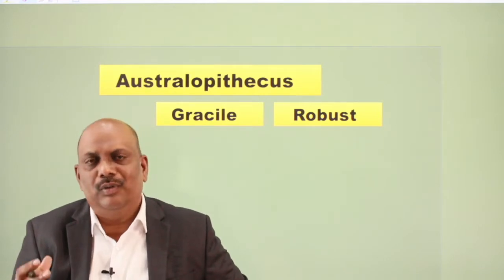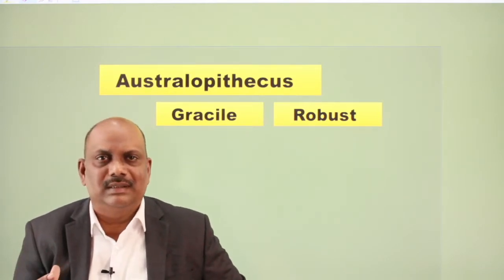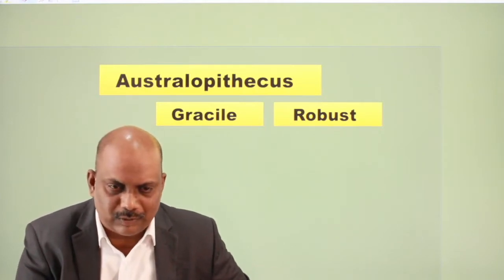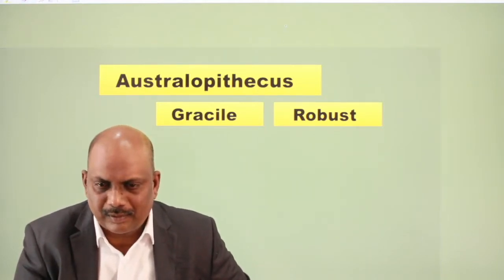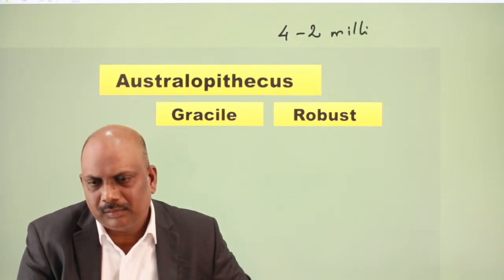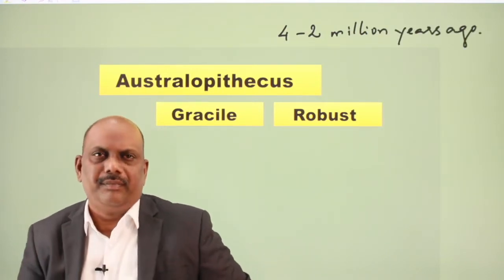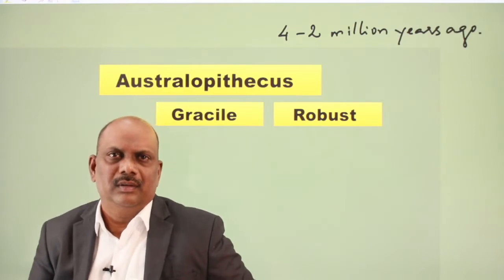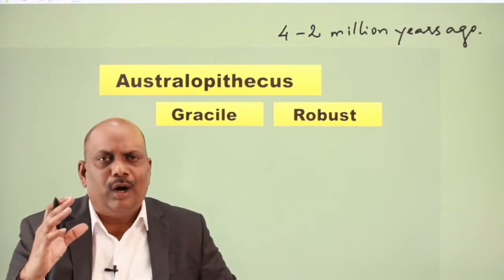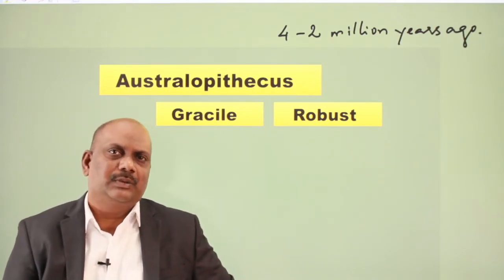As I told you, Australopithecus lived somewhere between 4 to 2 million years ago. So there are two types of Australopithecus.